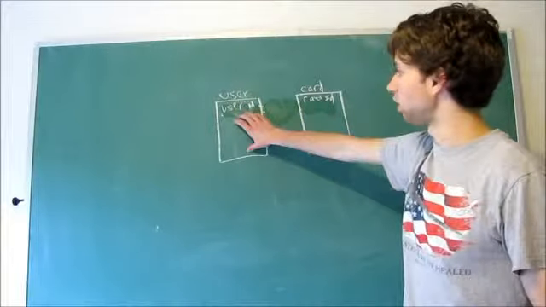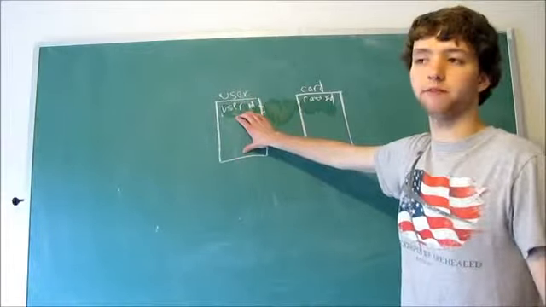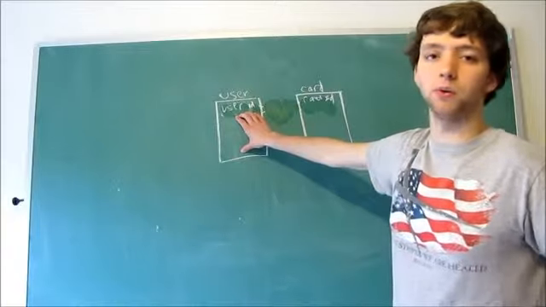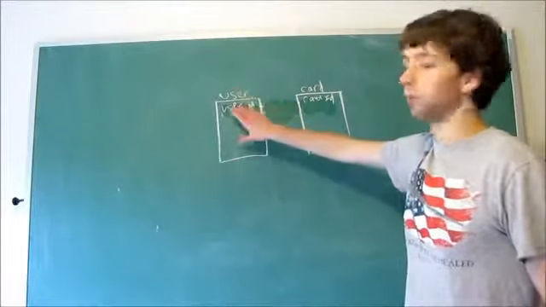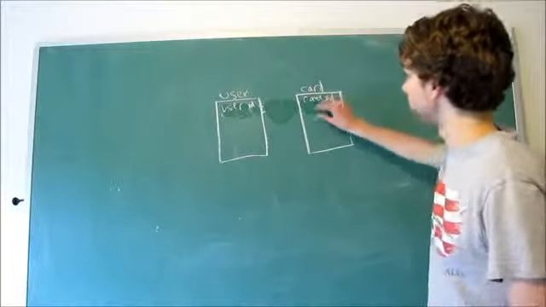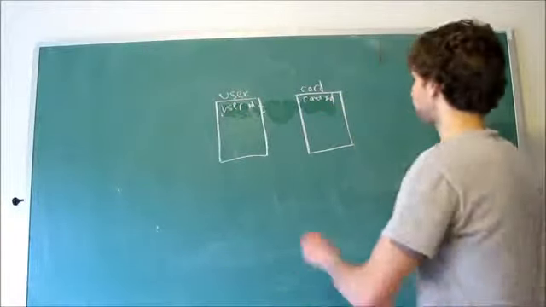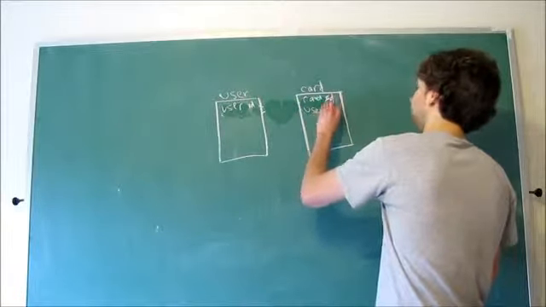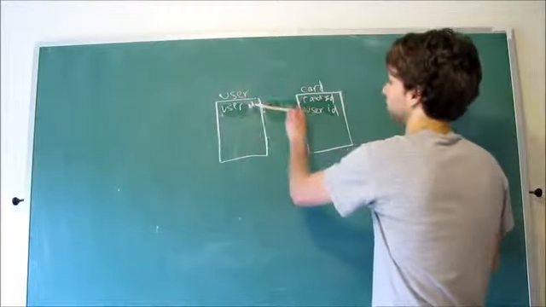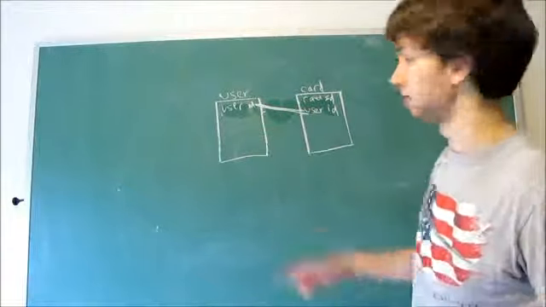Because if we put 5 columns for card ID, well then what if someone had 6 cards? They're not going to be able to have a 6th one. So what we do is we put the user ID in the card table, which points back to the user ID in this table.